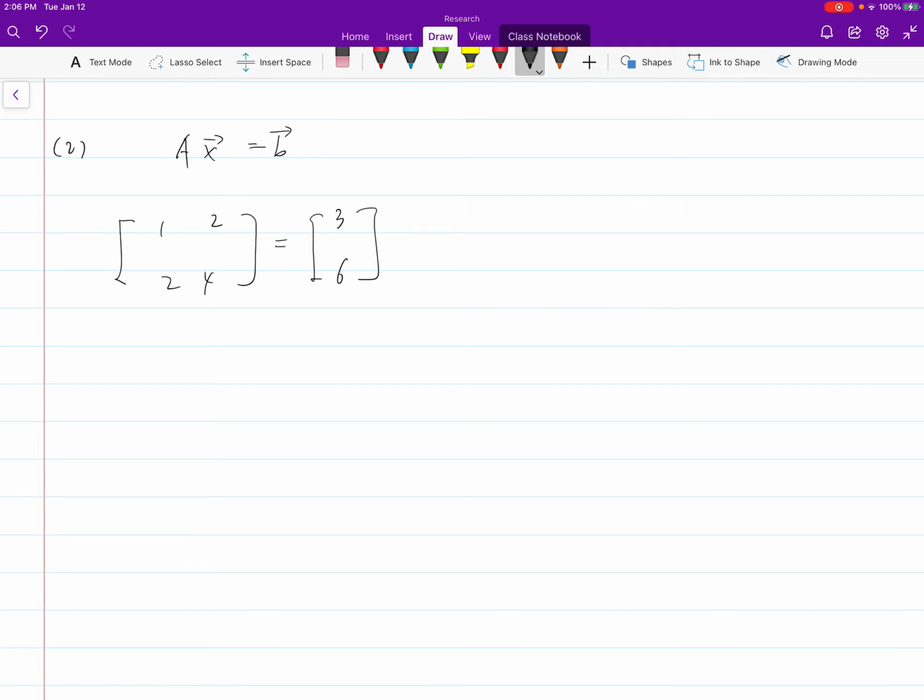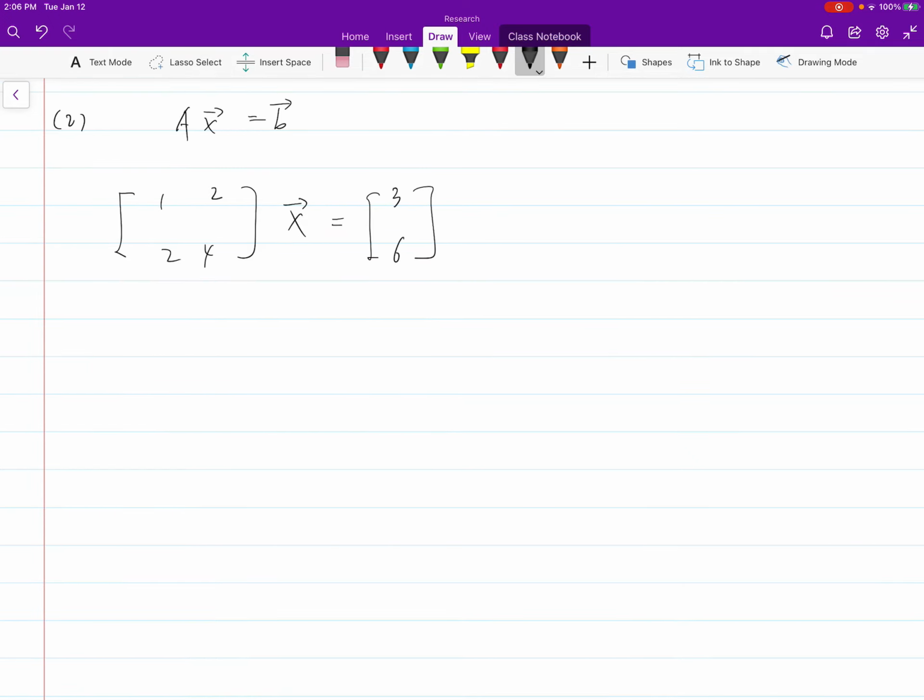How do you solve a linear system like this? Well, you have 2 steps.